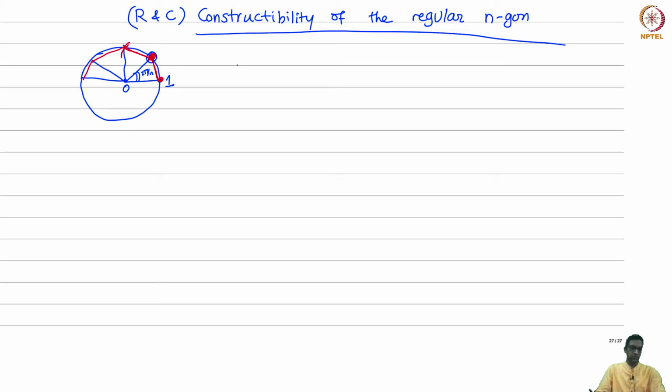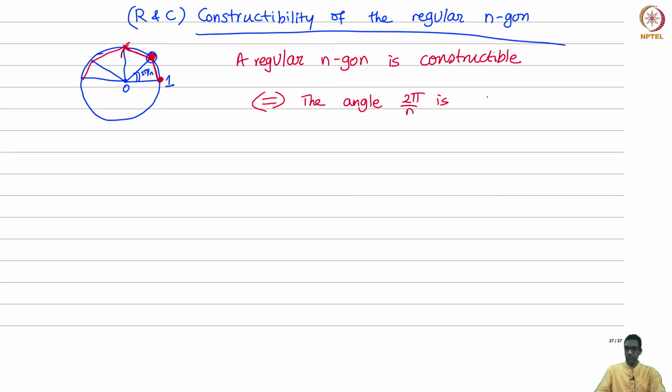Okay, so the first observation is that a regular n-gon is constructible if and only if the angle 2 pi by n is constructible. You can construct that angle somehow using ruler and compass.